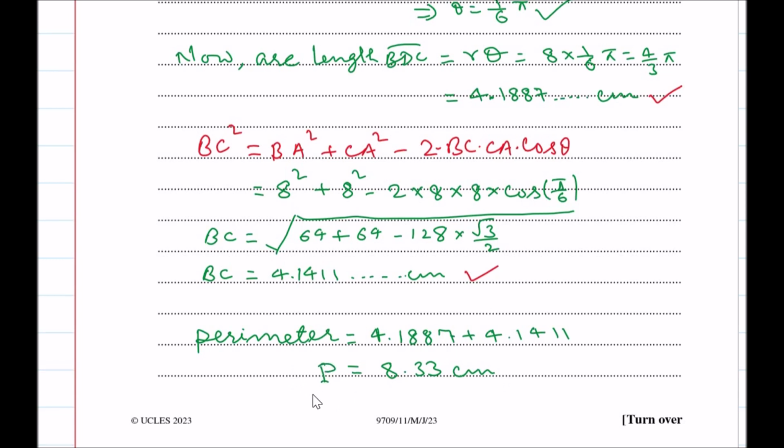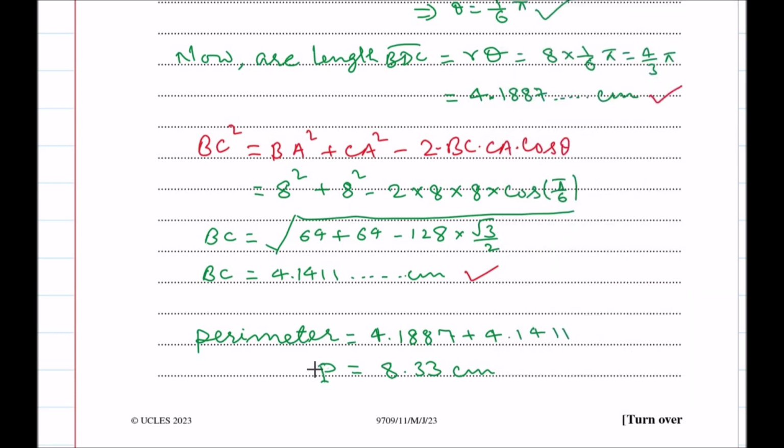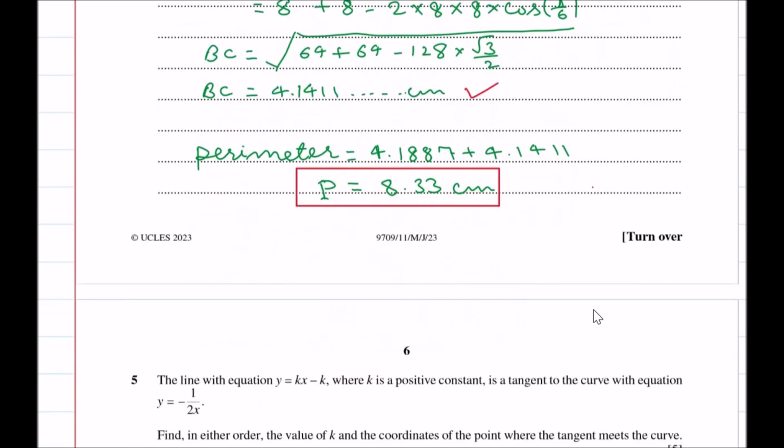So perimeter P equal to 8.33 centimeter. All right. So let me put in the box. So this is our answer. Let's go to the next part, next question.